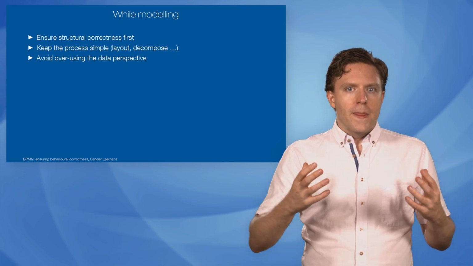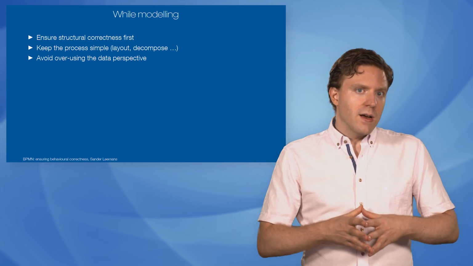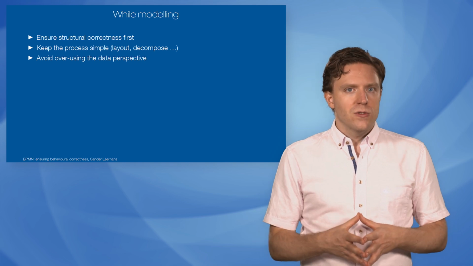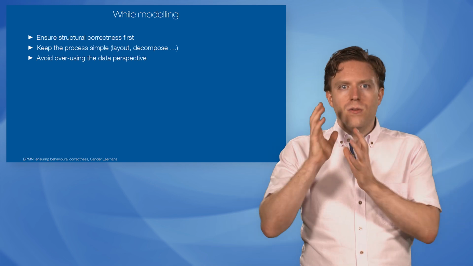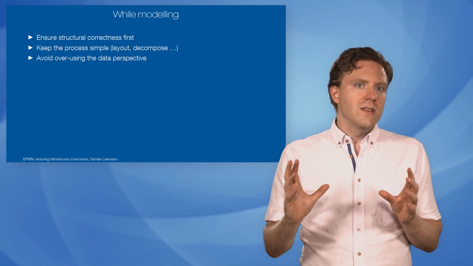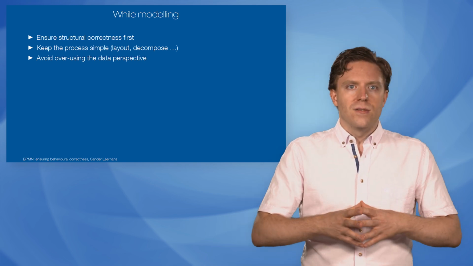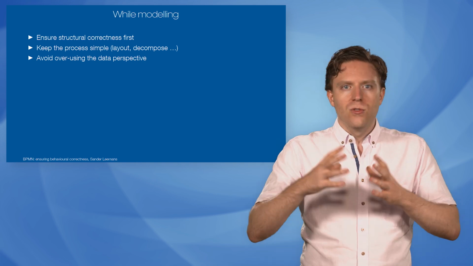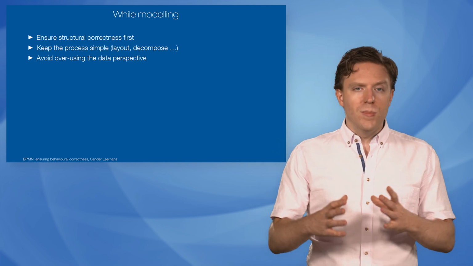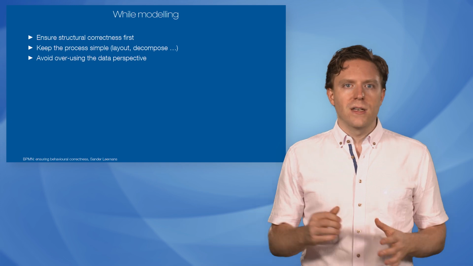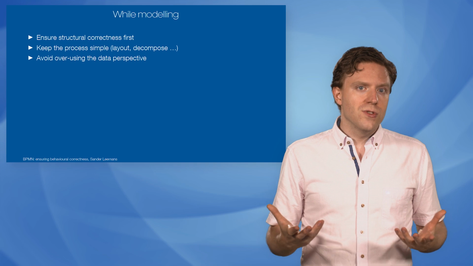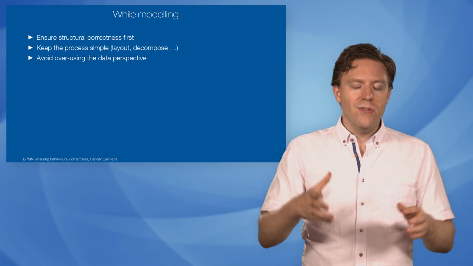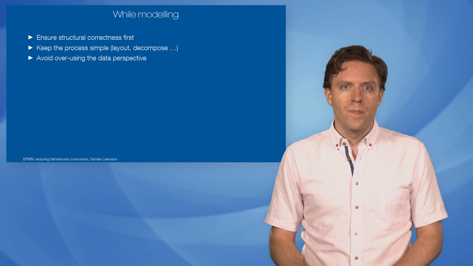I'm talking in particular about hidden data variables, the data variables that are used in the XOR splits and the OR splits. This data is hidden, and the more you use that in a non-trivial way, the harder it becomes to establish behavioral correctness later on. Also, this introduces Turing completeness, and hence it's more difficult.